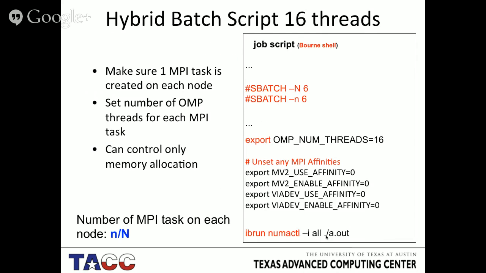Here's something else. Okay, so the problem with this though is that ib_run is going to take whatever is here and replicate it for all your different tasks. Well, if you have more than 1 task per node, how can you change this yourself? Well, the easy thing to do is just have this be a script, and that script actually says, hey, which node or which socket am I on, or what's my task number, and I'll do something in terms of assignment depending upon what my task number is.